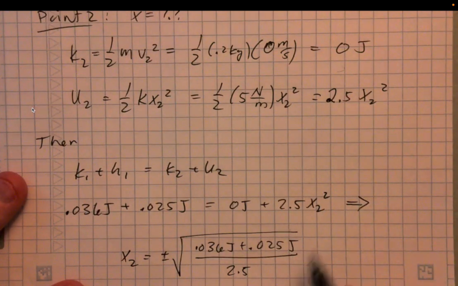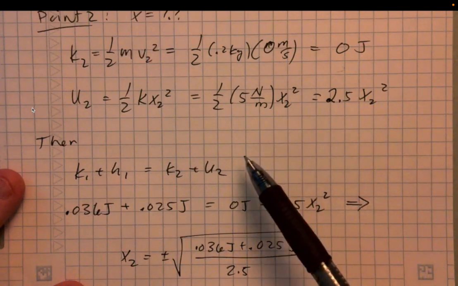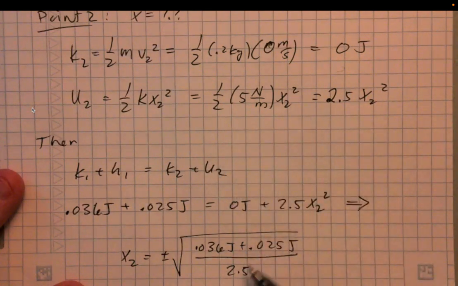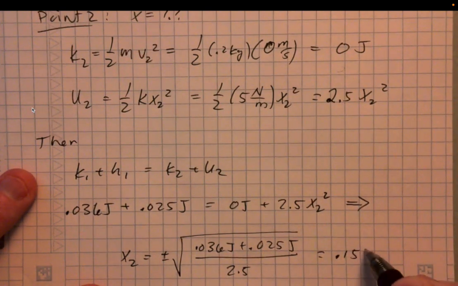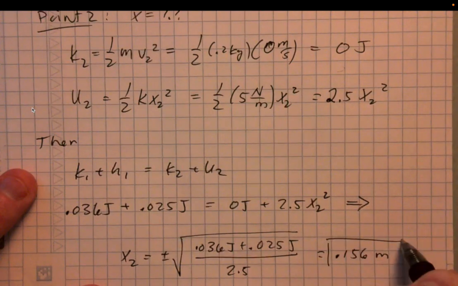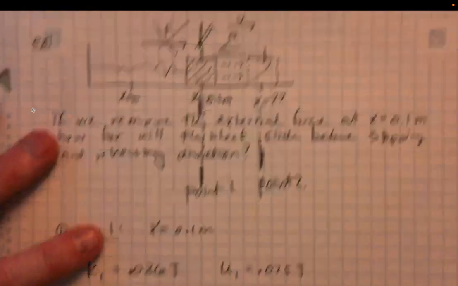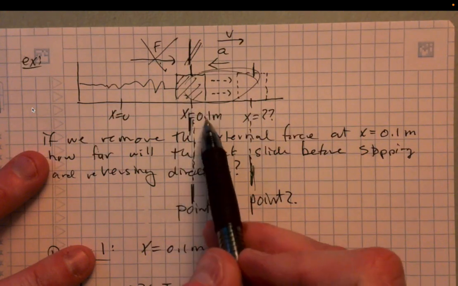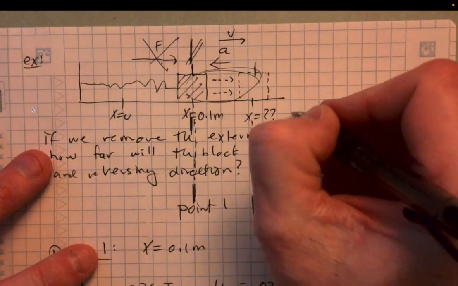These are joules divided by newtons per meter, and when you divide all that down, you do get meters. And so this is 0.156 meters. The mass is going to continue to move past this 0.1 meters.